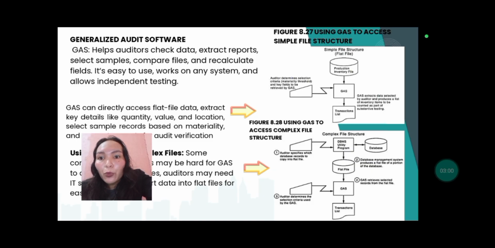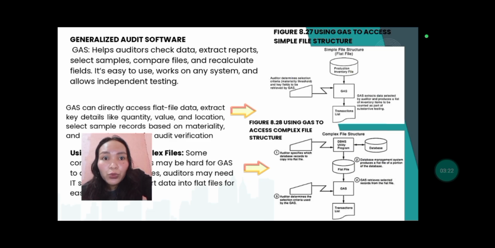So for step 1, the auditor specifies which database records to copy into a flat file. So the auditor specifies which database records are needed. Step 2, a database management system utility program extracts the specified records into a flat file.